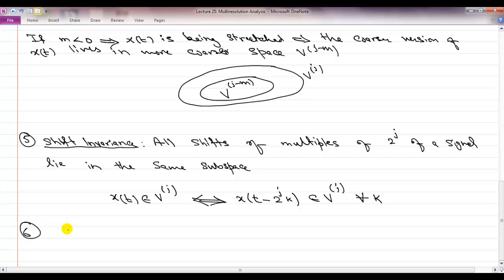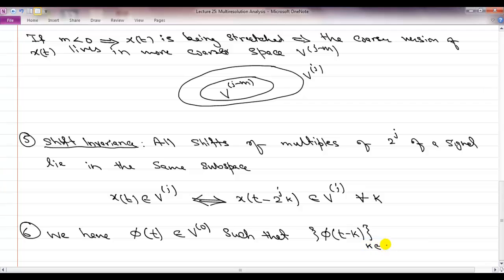And the last property is that there is a function phi of t belonging to V of 0 such that all possible integer shifts of phi of t form a basis for V0.